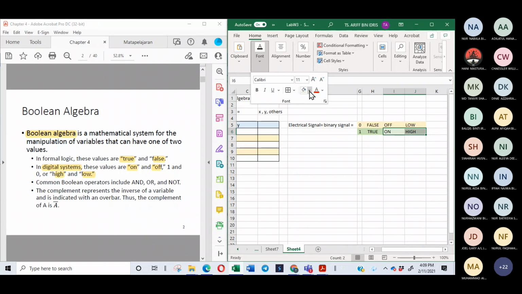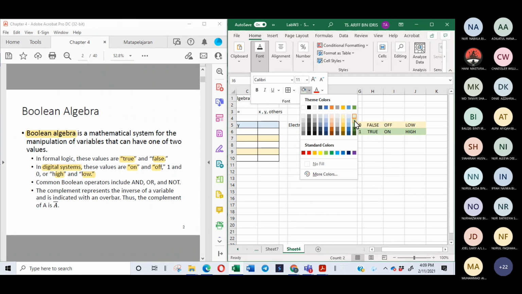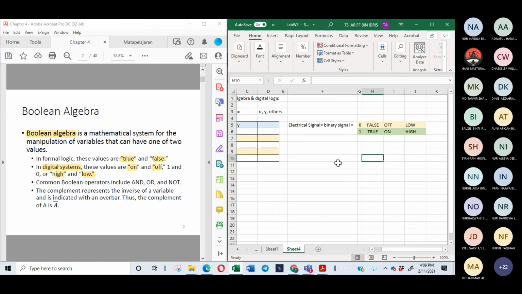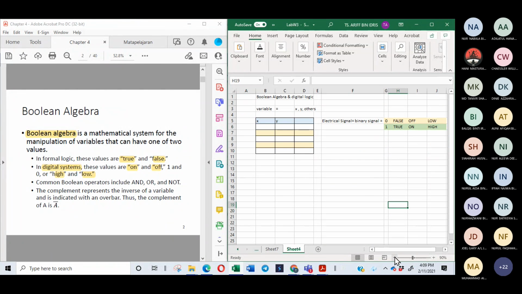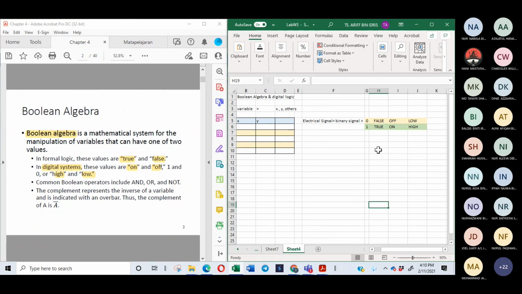I use similar colors. So you can copy this concept. This is the basic electrical signal.